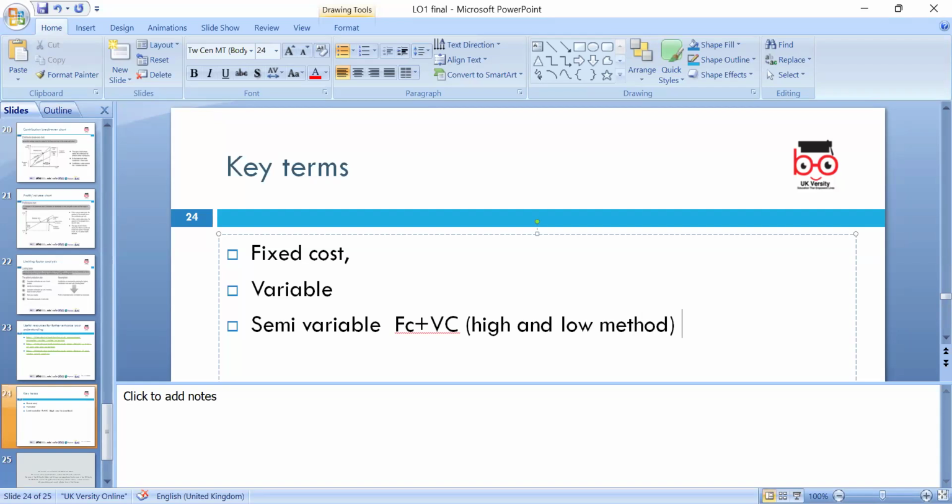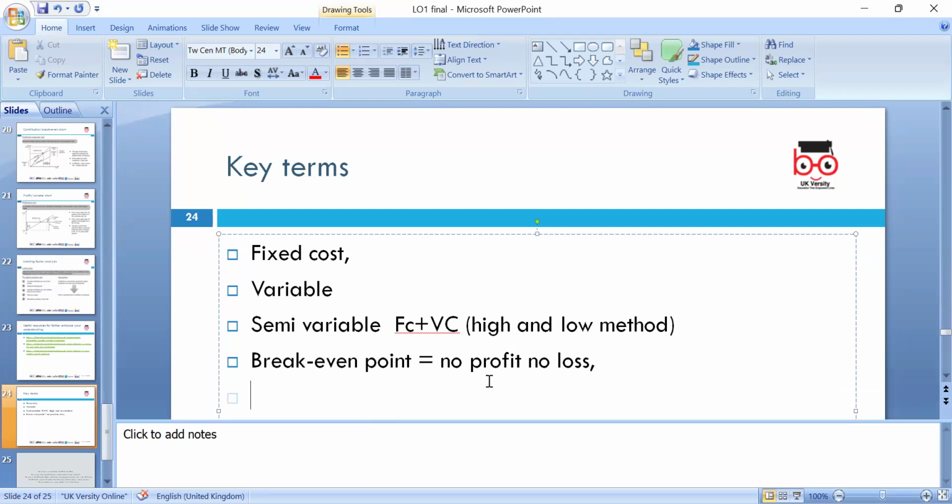Then we discussed break even: no profit, no loss. Then we discussed what the contribution is. Contribution equals selling price minus variable costs.